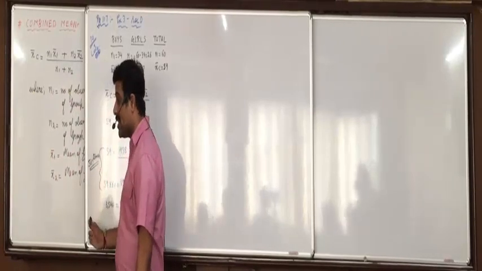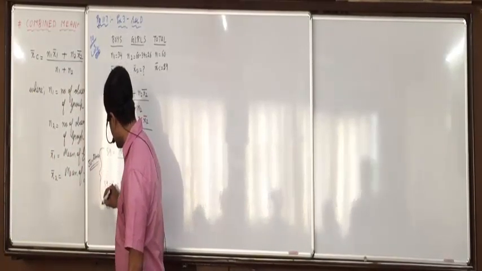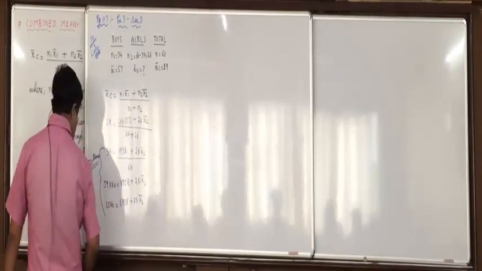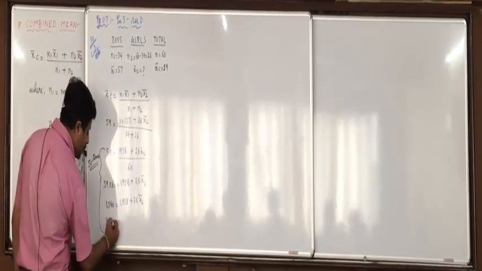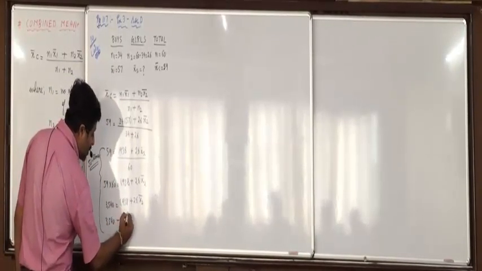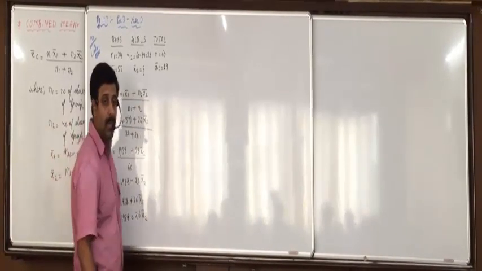The 1938 you will bring to the left side, it will become a minus, like that. 1938 on the left side will become minus, that is 26 X2 bar.